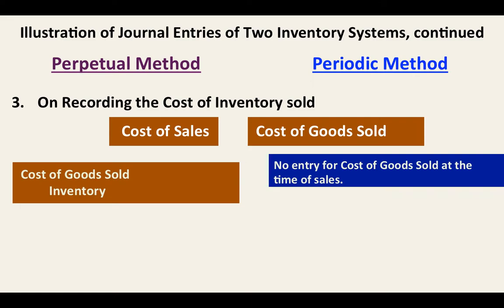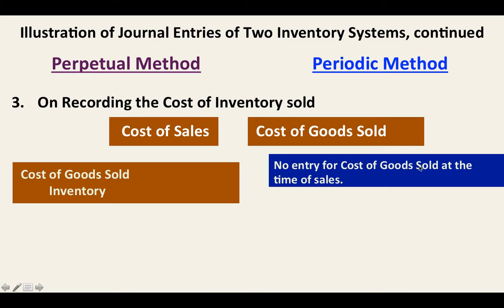So alam mong madali mo siyang matrace sa record kung magkano talaga ang cost of goods sold mo. In periodic, because you are selling several items and high volume, maaaring nasa million of items ito, okay, sa supermarket, okay? Imagine how many items, different brands, different products, different sizes, so several items.